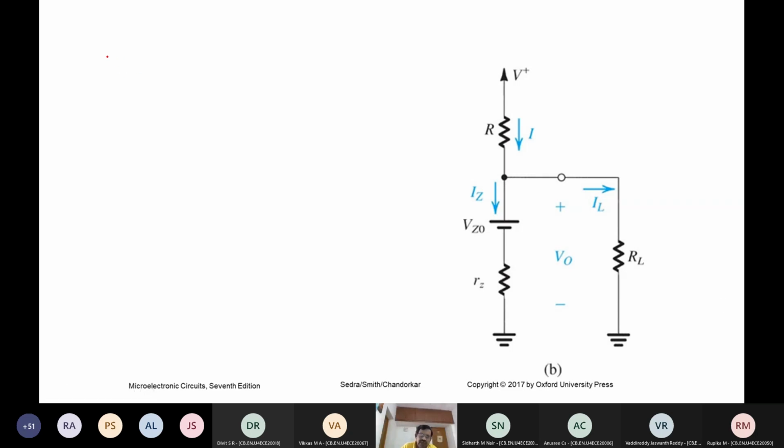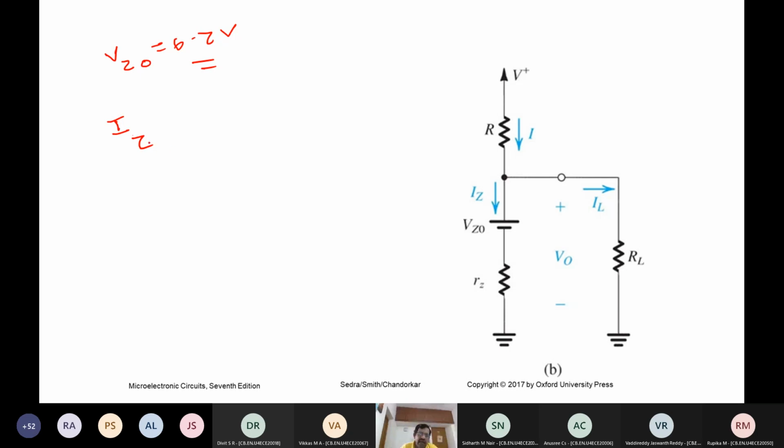So what we have estimated is VZ naught equal to 6.7 volt. With this 6.7 volt, we need to find what is my IZ. So it is, in a sense, an iterative process. The biasing point can swing within that linear region where the incremental resistance is extremely small.